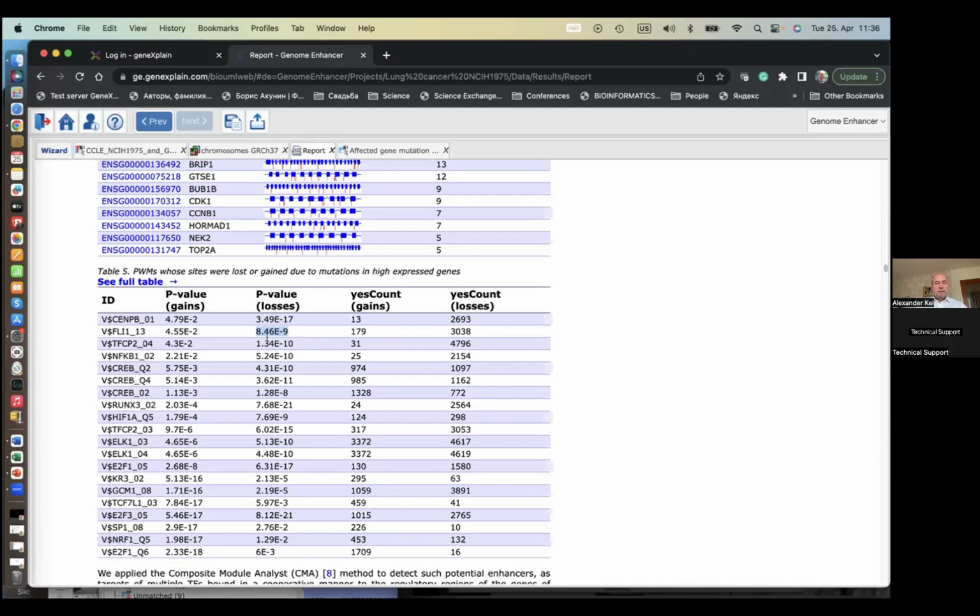So what does it mean? It means that you have a lot of mutations in various places in the genome, but for some reason, many of those mutations tend to delete the binding sites for Fli. Why could this happen? It's like a miracle: all the mutations in many places in the genome, and suddenly there is some power which prohibits those sites from being there.